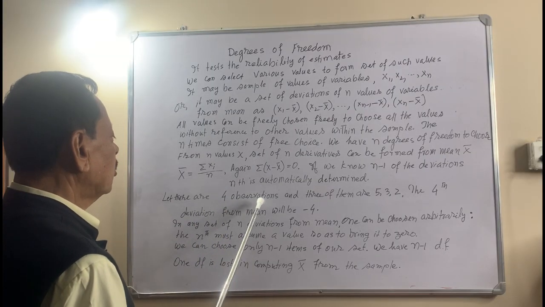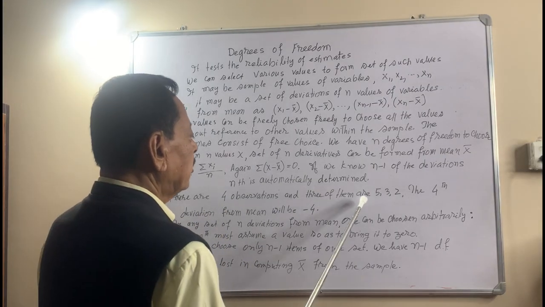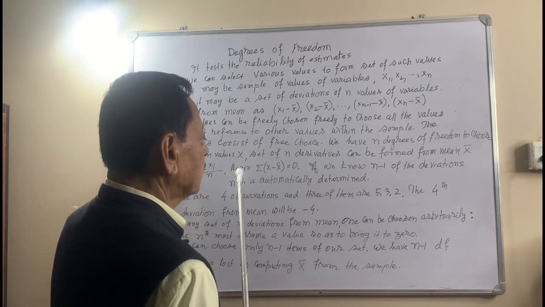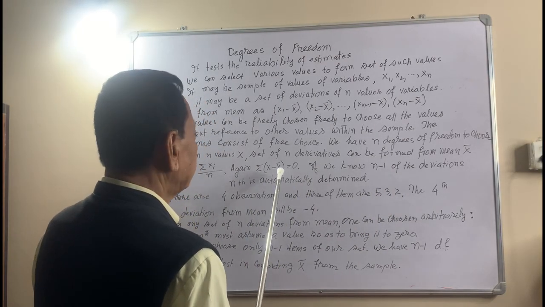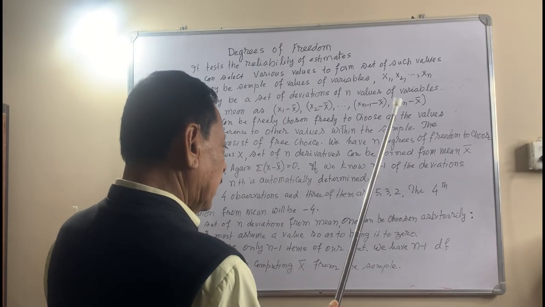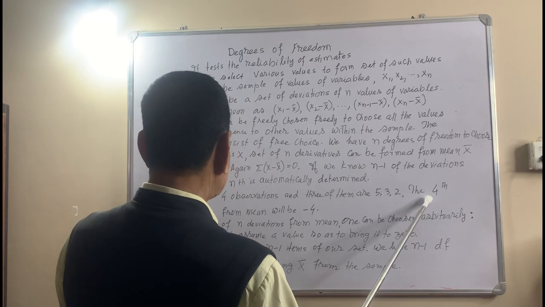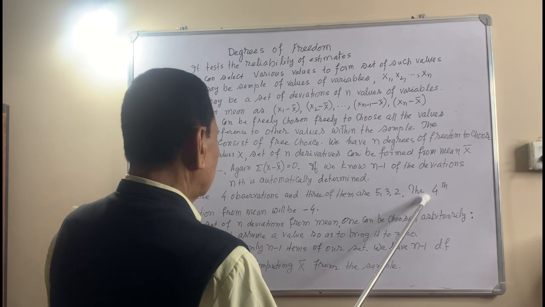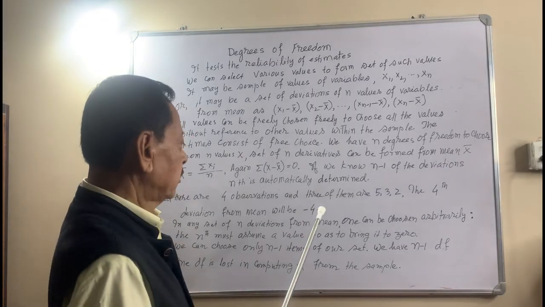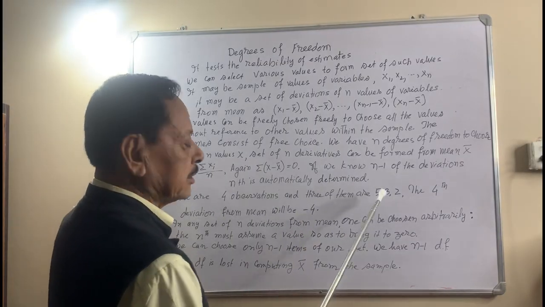You will see that in an example. Suppose there are 4 observations and 3 of them are 5, 3, 2. If we follow this, then the sum of mean deviations will be 0 if the fourth value is chosen appropriately. This is a little exercise.